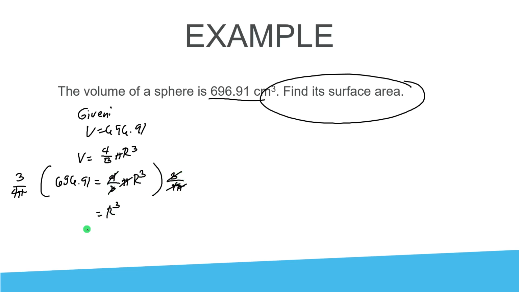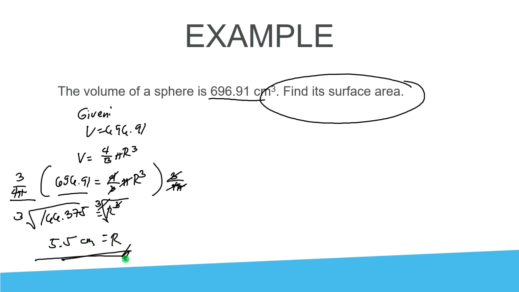What remains is r cubed, and we multiply 3 over 4 pi by 696.91. We have 166.375. Take the cube root of both sides so that r remains. We have 5.5 centimeters. That's the radius of the sphere.